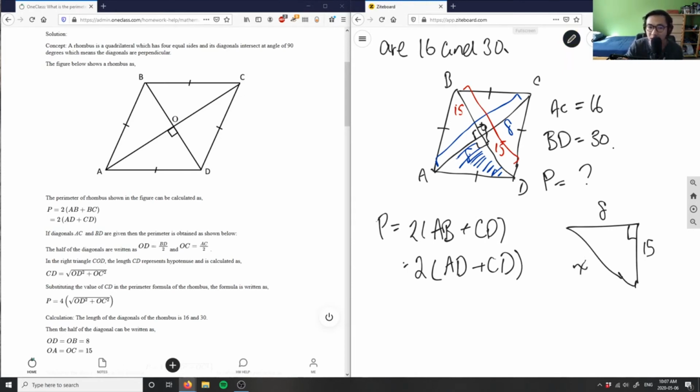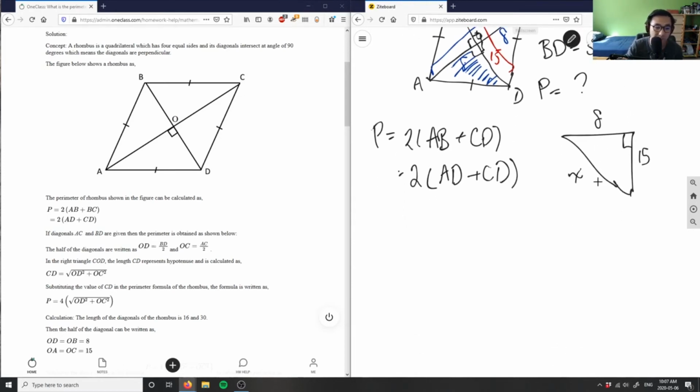In order to do this, I can use the Pythagorean theorem to figure out this side length. So x squared equals 8 squared plus 15 squared. 8 squared is 64. 15 squared is 225. Adding those together, 225 plus 64, I get 289.